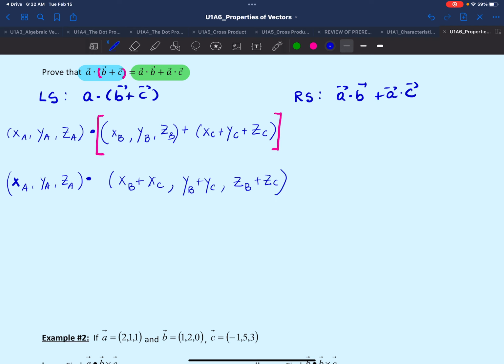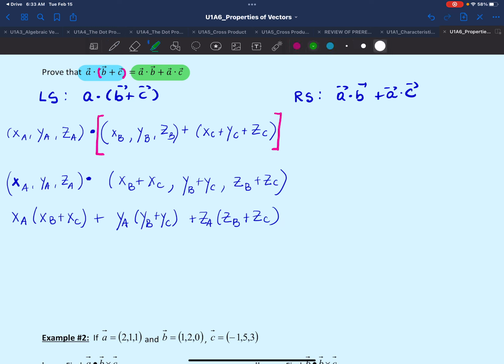So now we'll dot product them. Remember, in dot product, we multiply the coordinates and we add them. So what we have here is XA multiplying XB plus XC, plus YA multiplies YB plus YC, plus ZA multiplied by ZB plus ZC.